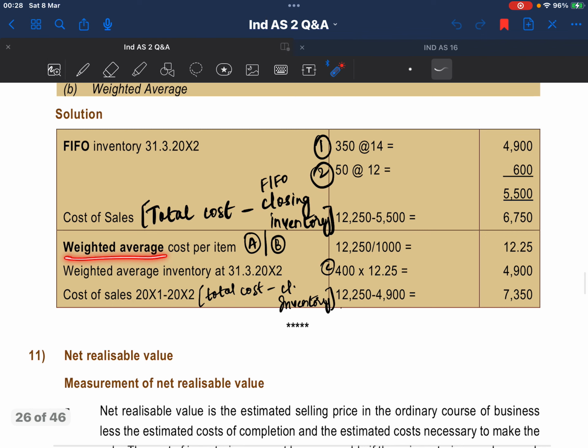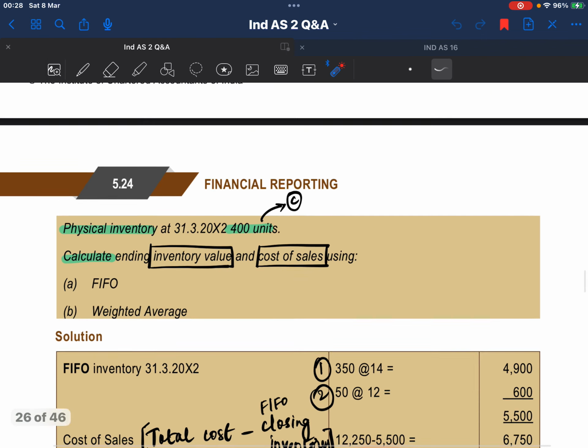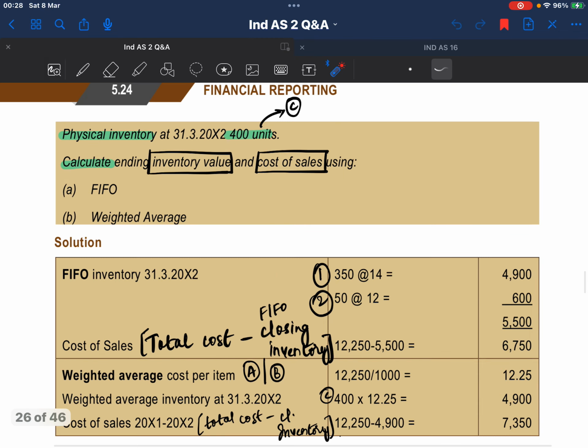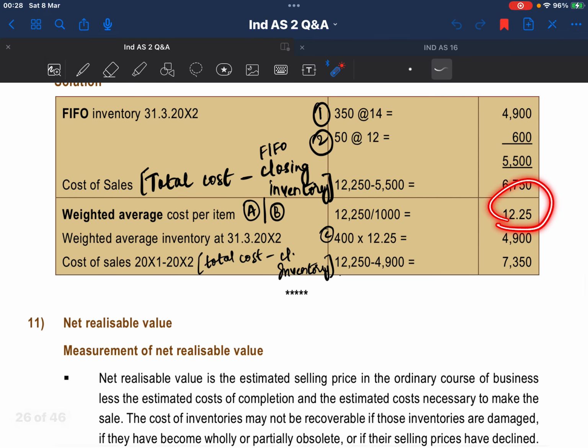Next, coming to the weighted average cost per unit, which is 12,250 of the total cost divided by the total number of units, which gives 12.5. This 12.5 multiplied by 400 gives the weighted average value of inventory. This is deducted from the total cost of 12,250, which gives the cost of sales.